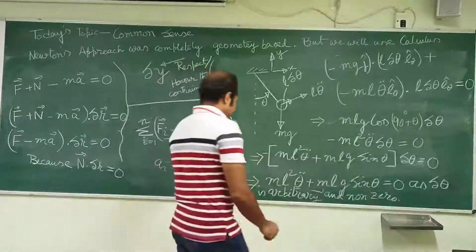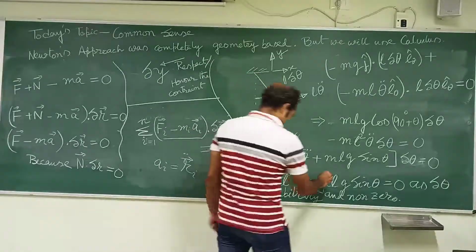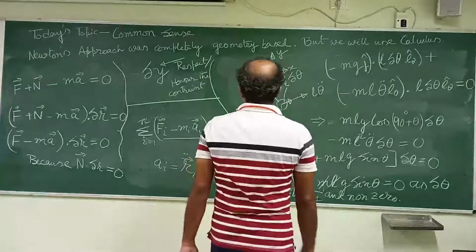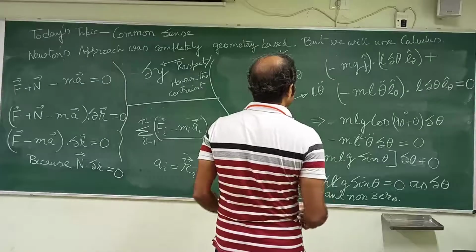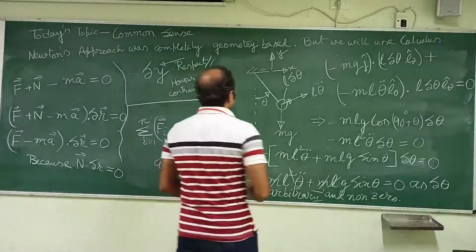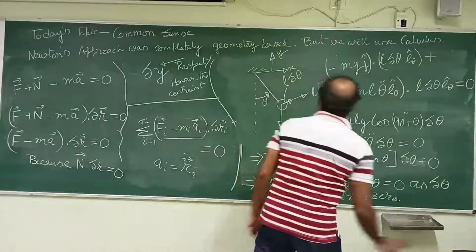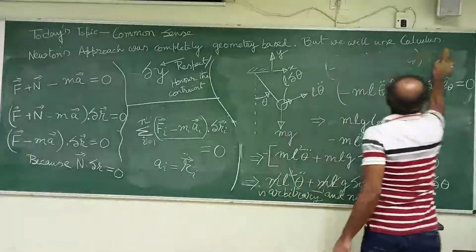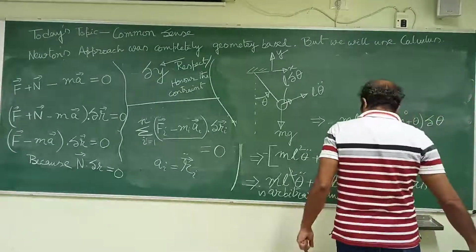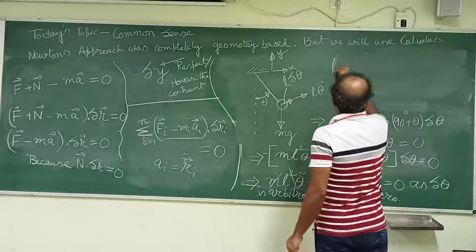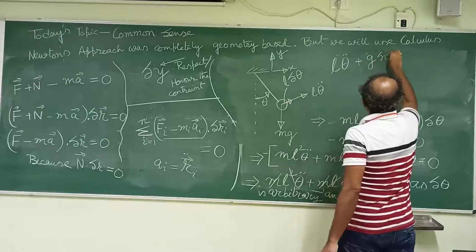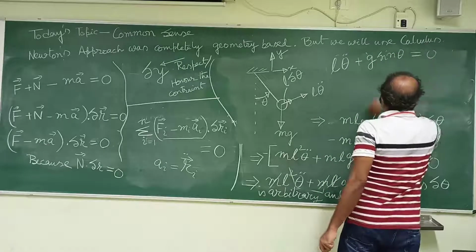So if you just cancel out m and one L, you are going to get the equation of motion as L theta double dot plus g sin theta is equal to 0.